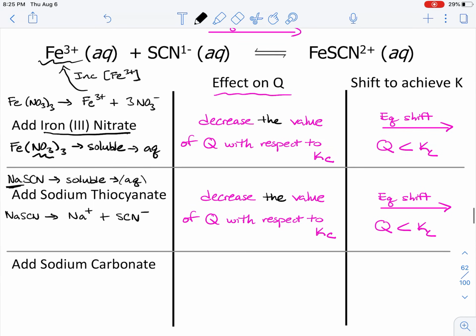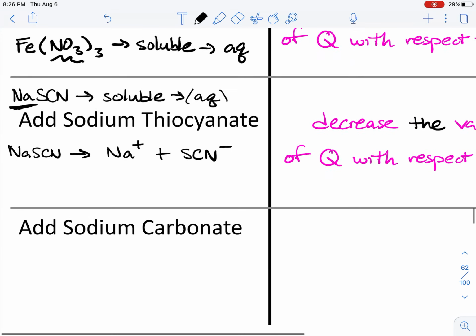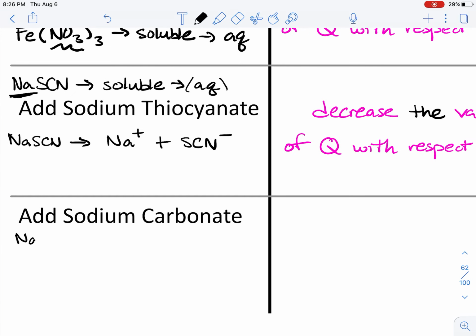So last but not least, let's talk about sodium carbonate. And so sodium carbonate is Na2CO3. And based on what we just discussed with sodium thiocyanate, the presence of sodium in this compound is going to make the ionic compound soluble.